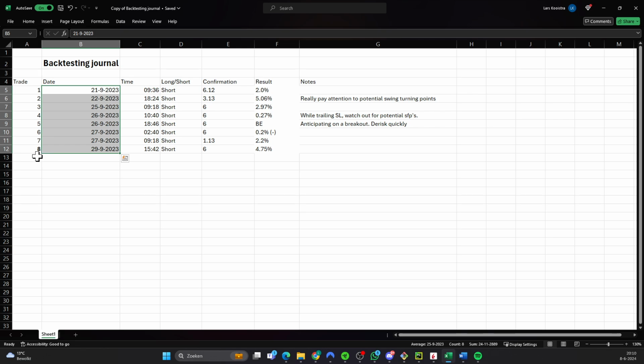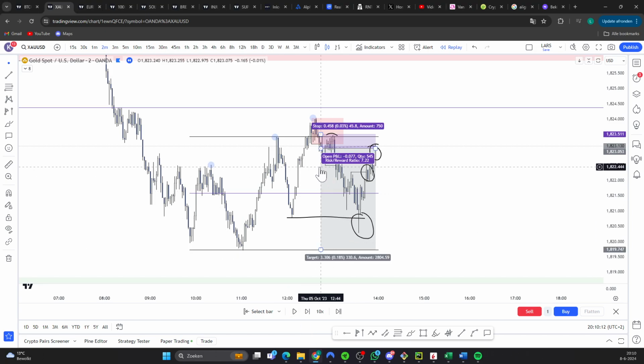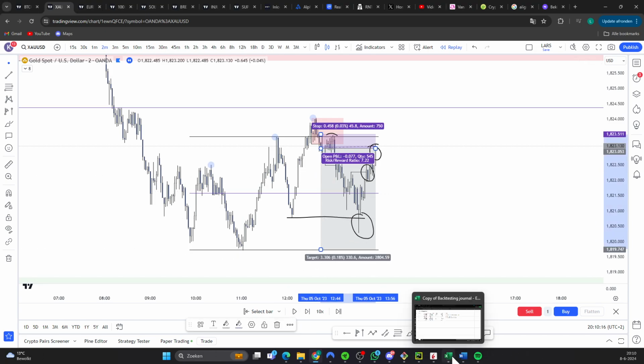Grab the Excel sheet. Trade number 9. What was the date? 5th of October, 12:44.